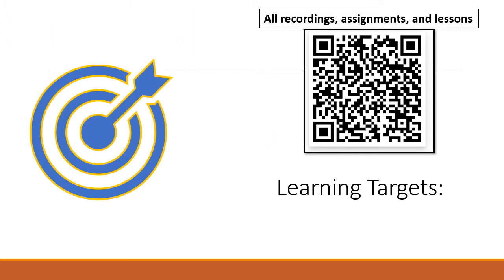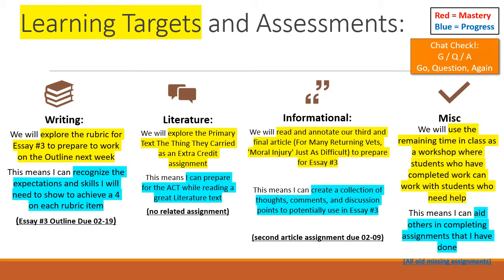All right. If you'd like to grab the recordings, assignments, and lessons from the Living Syllabus, that link will take you there as well. Here are our learning targets for today, and note that there is a chat check in the top right-hand corner. That will be during the live class at the end of the slides that have the chat check on them.